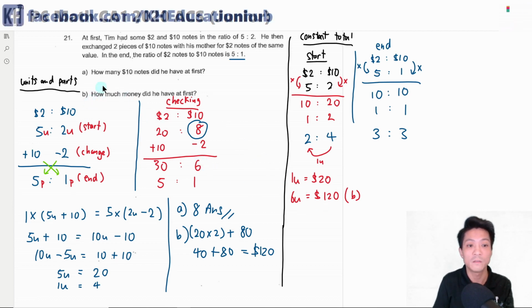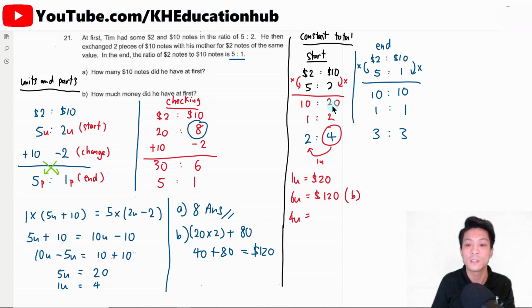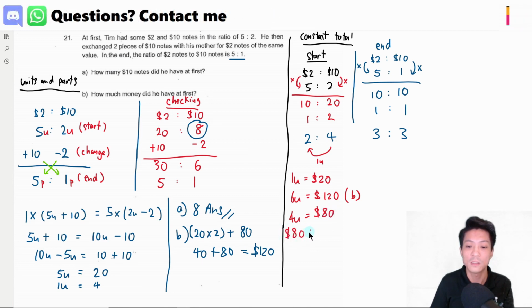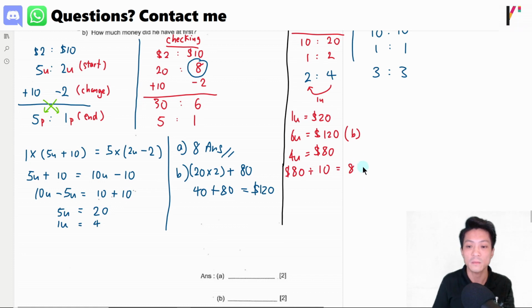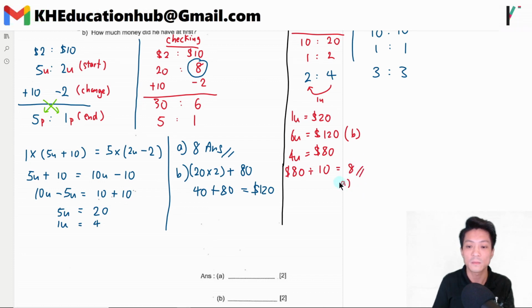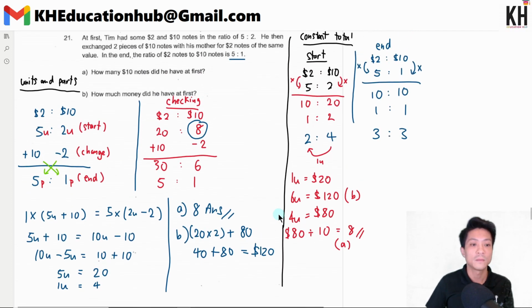And if they're asking for how many $10 notes he had at first, there will be 4 units, right? Is the amount of $10 notes, which is $80, and then after that you just use $80 divided by 10, which will give me an 8.